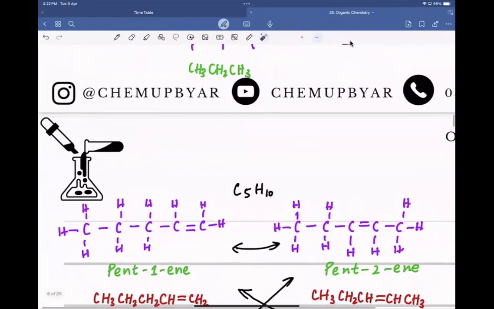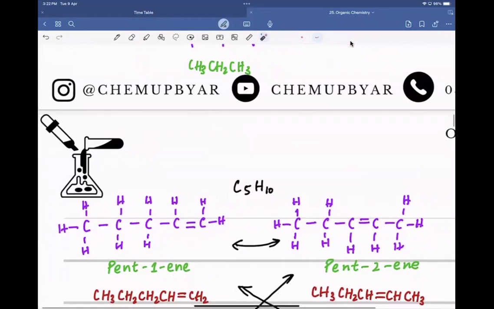Now, for example, if I shift the double bond over here, it's not called pentene. I can call pentene this one, because if I'm not mentioning the position, it's understood that the functional group is on carbon number 1 only.